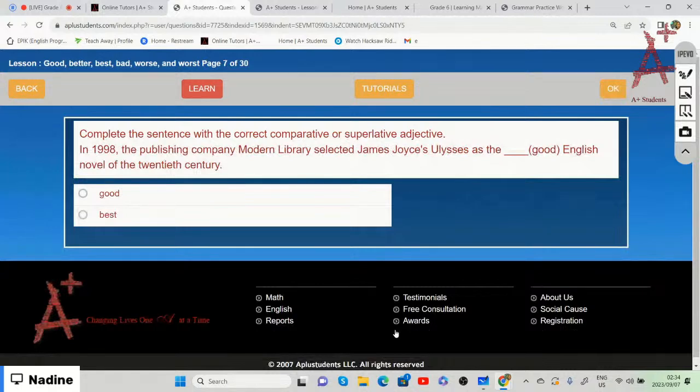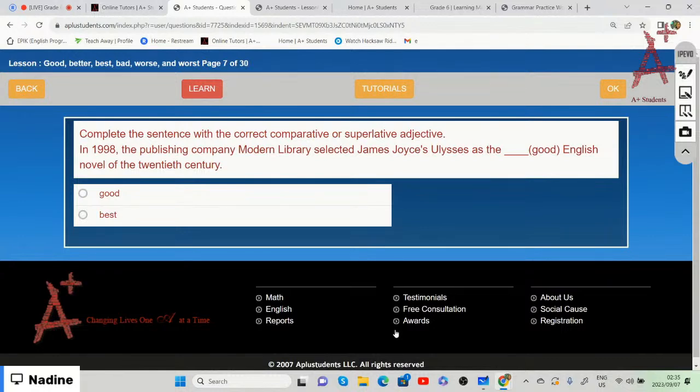Last one. In 1998, the publishing company Modern Library selected James Joyce's Ulysses as the good English novel of the 20th century. So good. If we were to choose the adjective, right, then we either need to choose good or best.